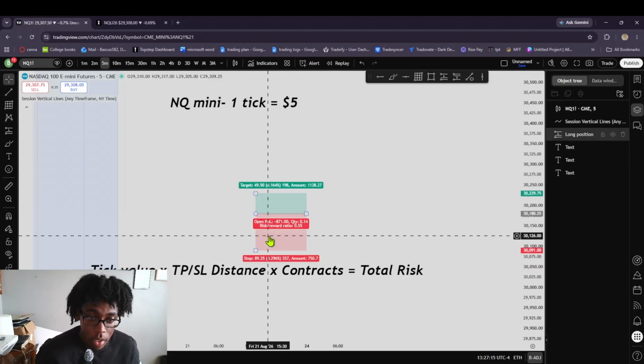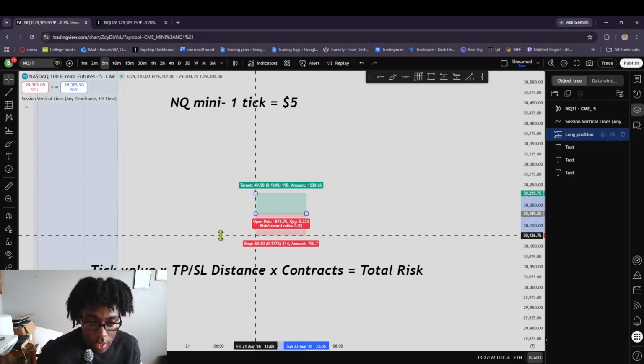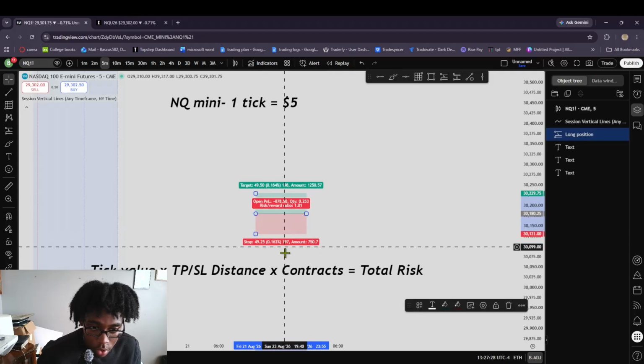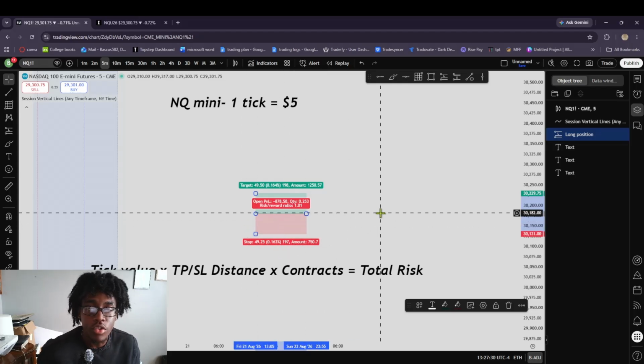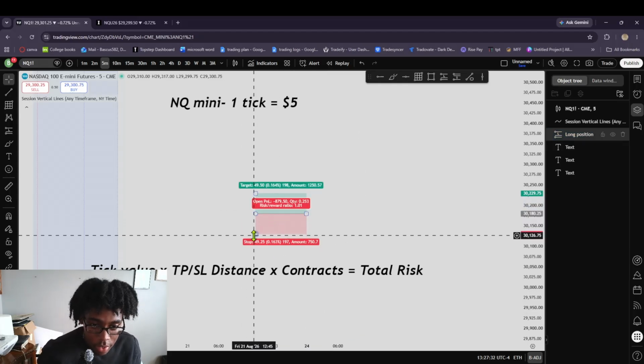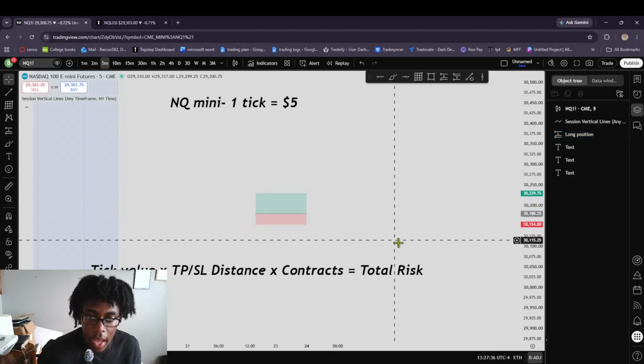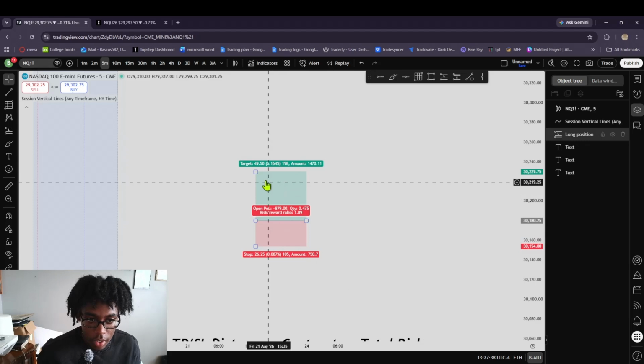And the stop loss and the take profit are always going to be under the same size and the same formula. So if we have a stop loss at 200 ticks, the ticks are this number you see right here where my cursor is, okay? 200 ticks would be $1,000. If we go down to 100 ticks, that would be $500.